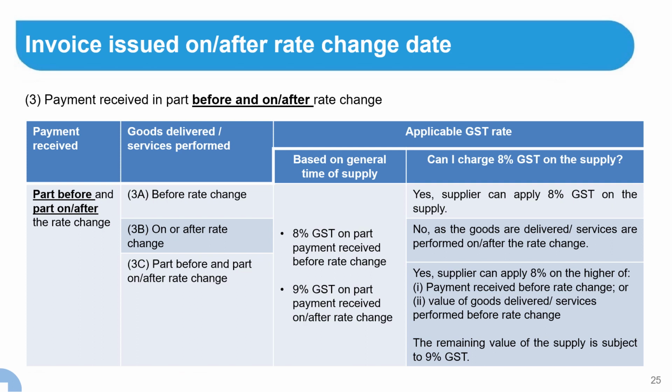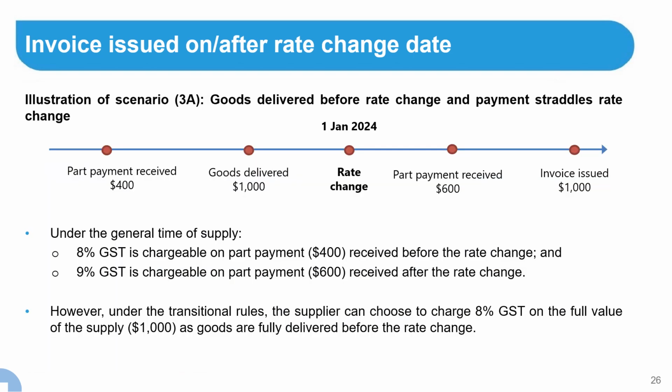Let's look at some examples to illustrate the three scenarios in this table. In this example, for scenario 3A, the supplier received part payment of $400 before the rate change and $600 after the rate change date. He delivered all the goods before the rate change date, but only issued the invoice after the rate change.